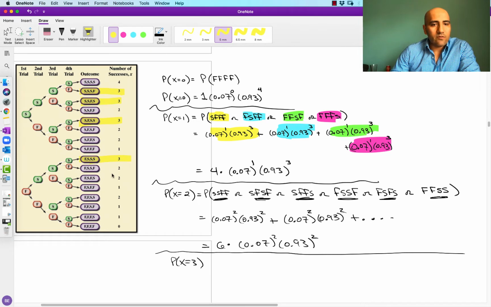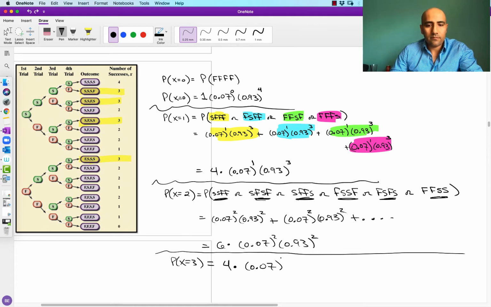There are 4 different ways in which we can have exactly 3 successes. And now just following the pattern, I know that this is going to be 4 times 0.07 to the power of 3, because there are 3 successes, times 0.93 to the power of 1. There's only 1 failure.